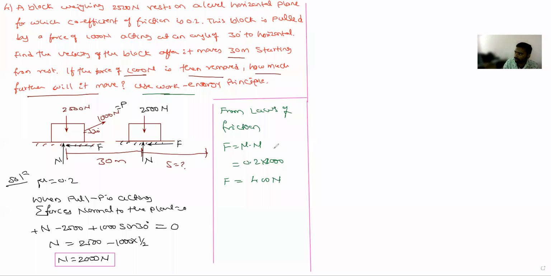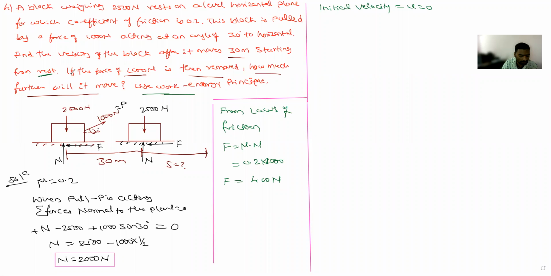Summation of all the forces moving in the horizontal direction, multiplied by the distance. 30 meters is the distance. So what is the initial velocity? It is equal to 0, because it moves 30 meters starting from rest.